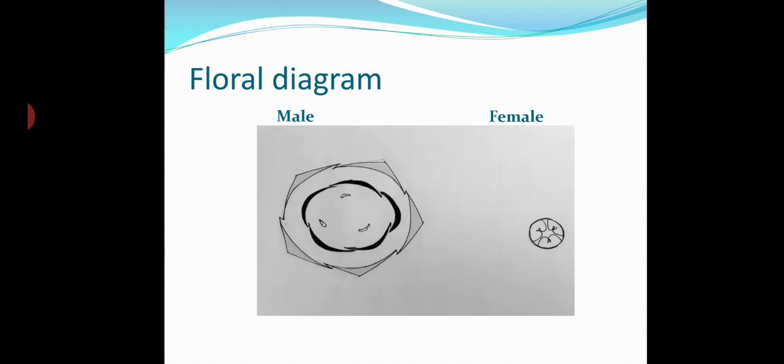Actually, the placentation is parietal, but it looks like axile. That is, the placenta grows towards the center and carpels are in the center. They join and then it appears as axile placentation.